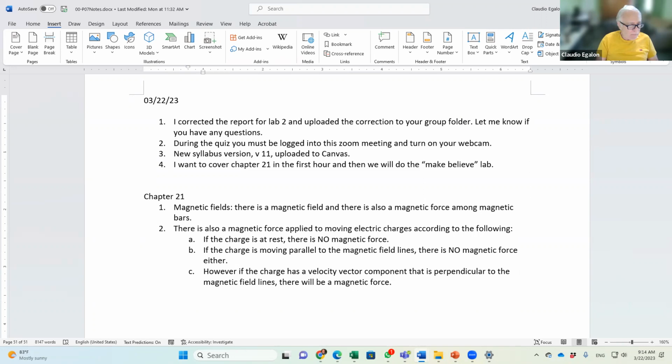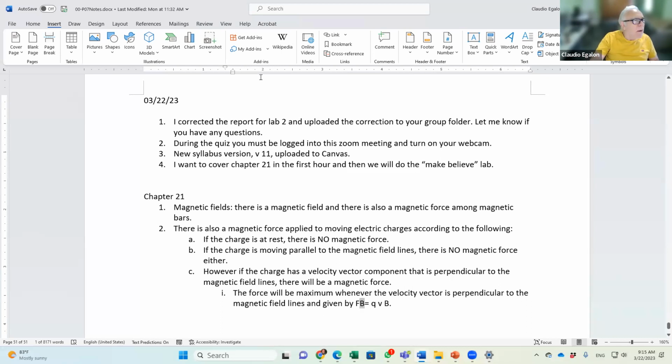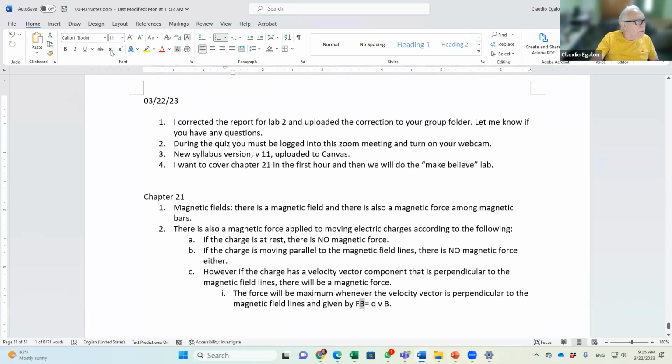The force will be maximum whenever the velocity vector is perpendicular to the magnetic field lines, and given by the magnetic force QVB. Here you go.